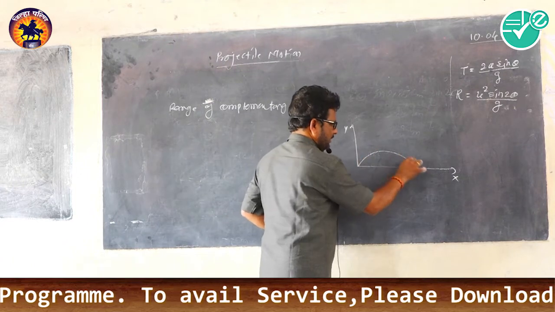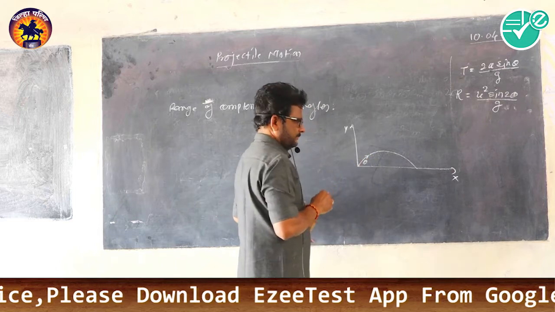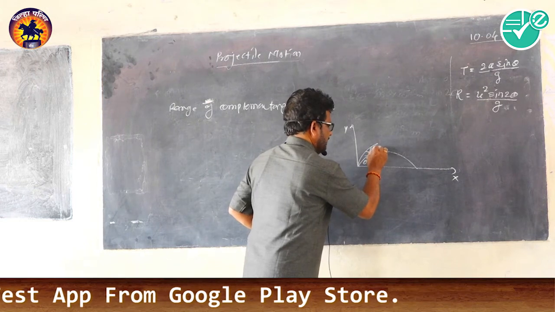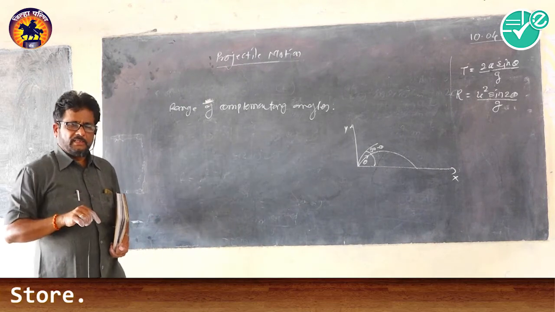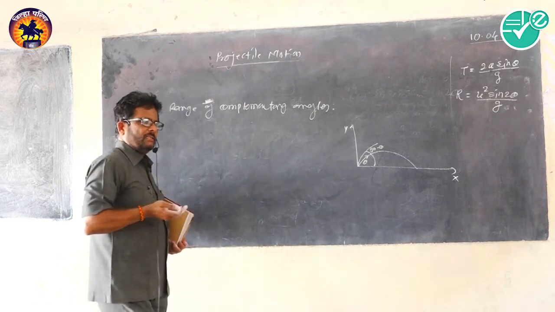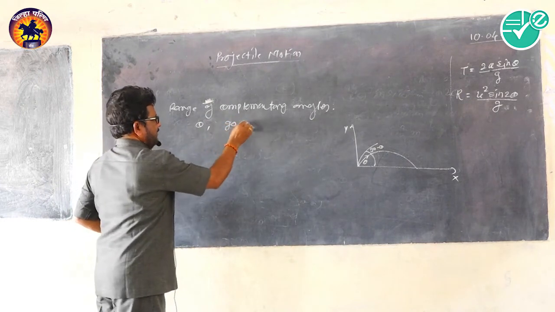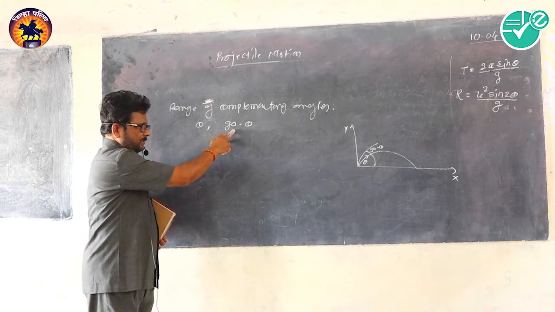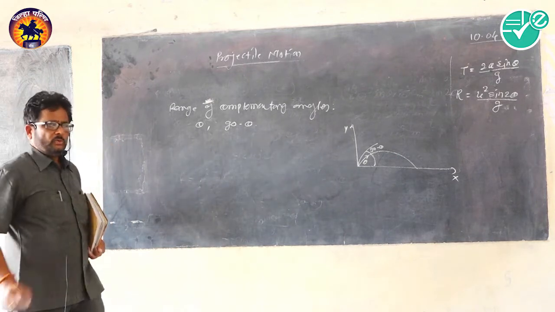One projectile is projected by making some angle theta, and the other is projected by making angle 90 minus theta. Theta and 90 minus theta are the two complementary angles. Complementary angle means the sum of the two angles is 90. Suppose theta is 30, then the other is 60 degree. So 30 and 60 are the two complementary angles.